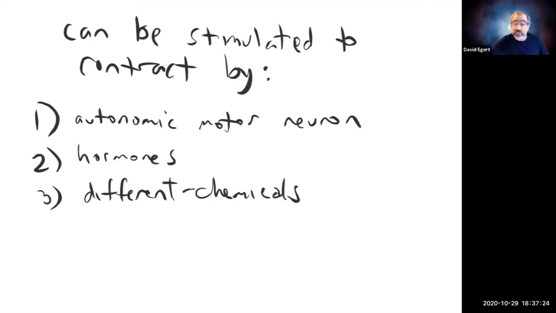When we get into control of blood flow, we're going to see that just levels of oxygen or carbon dioxide and things like that can affect the smooth muscle in the blood vessels. So just chemicals floating around can contract or relax these muscles.